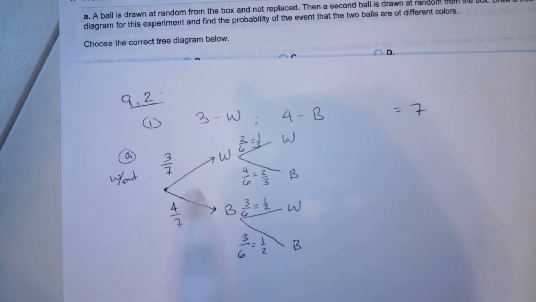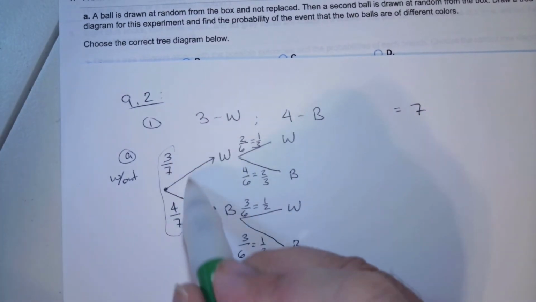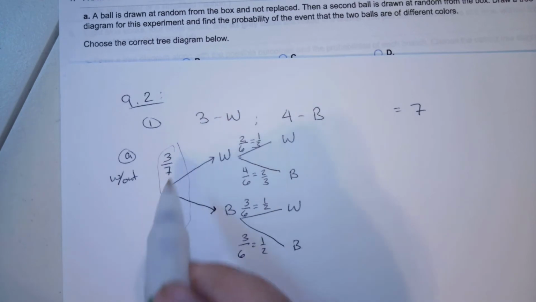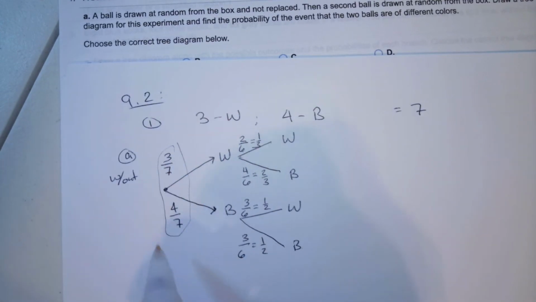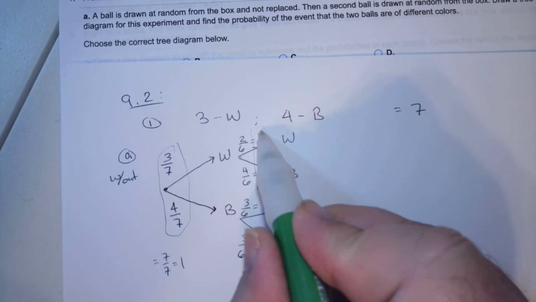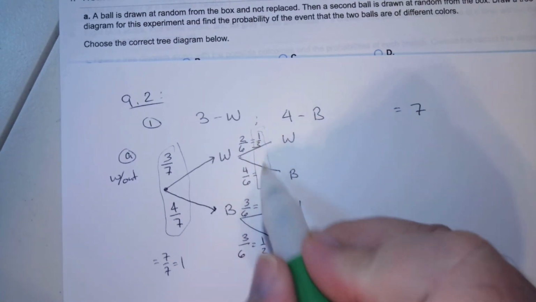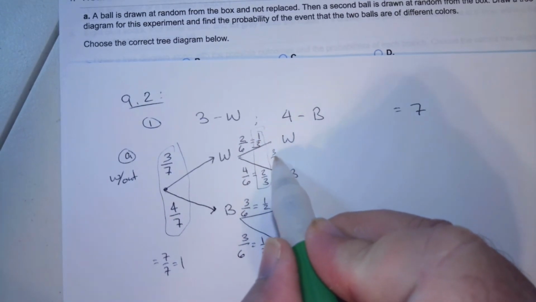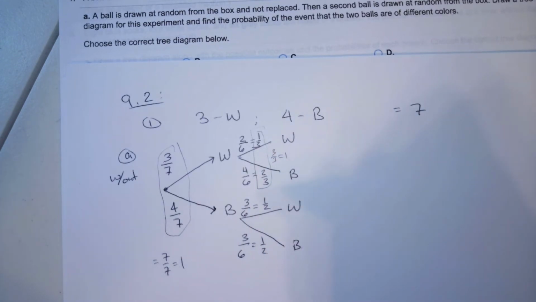Very important. Notice, if we add up all of these, 3 over 7 plus 4 over 7 equals 7 over 7, which is 1. If we add these two, 1 over 3 plus 2 over 3 is 3 over 3, which is 1. 1/2 plus 1/2 is 1.